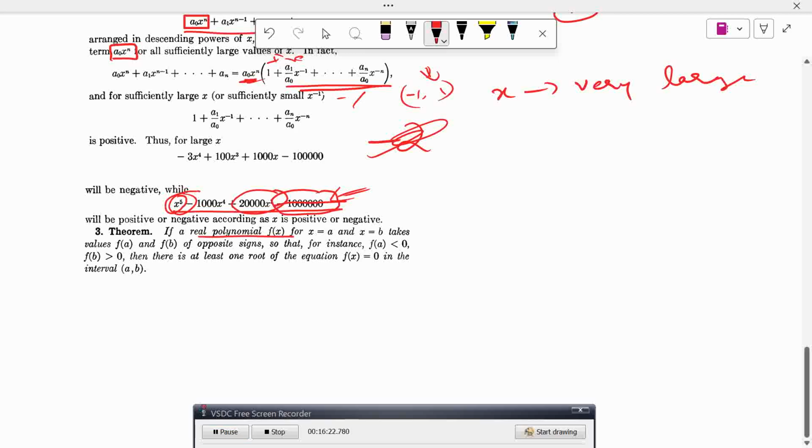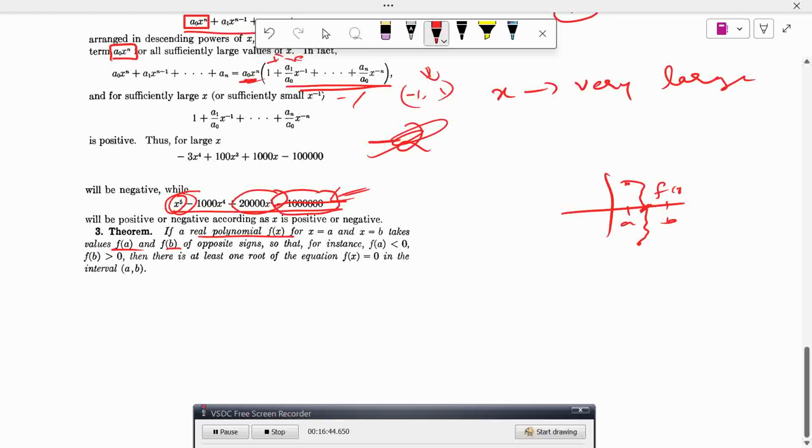Now this theorem is not there for you, but we'll just understand this. If the polynomial f of x has different signs for f of a and f of b, suppose this is a, this is b. If f of a is positive, then this will be here. If f of b is negative, then this will be here. So the graph will be joining like this. So at some point it should give 0, right?